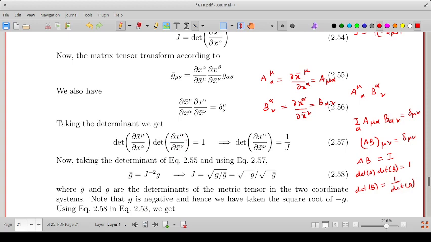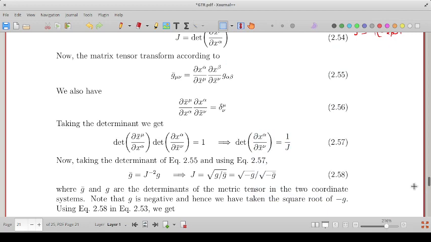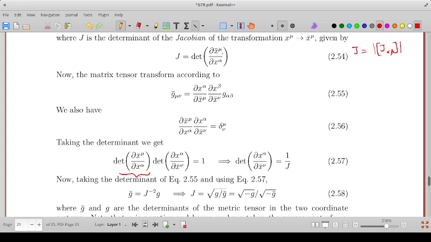So the product of the determinants of those two matrices is equal to 1, which means that the determinant of dx alpha by dx bar nu is simply 1 by J. The reason is that this is the determinant of the Jacobian matrix, because we have defined the Jacobian matrix to be the one with the mu alpha element given by dx bar mu by dx alpha. So this is 1 by this determinant, which is nothing but J.